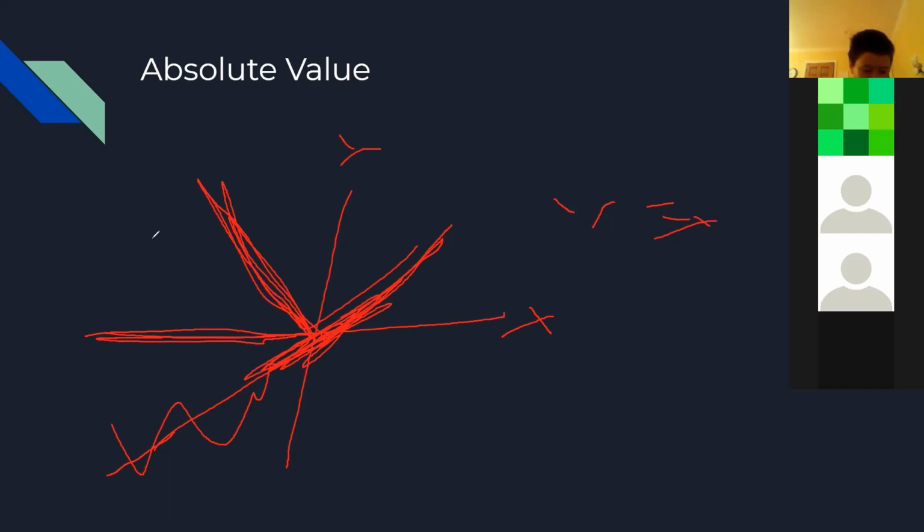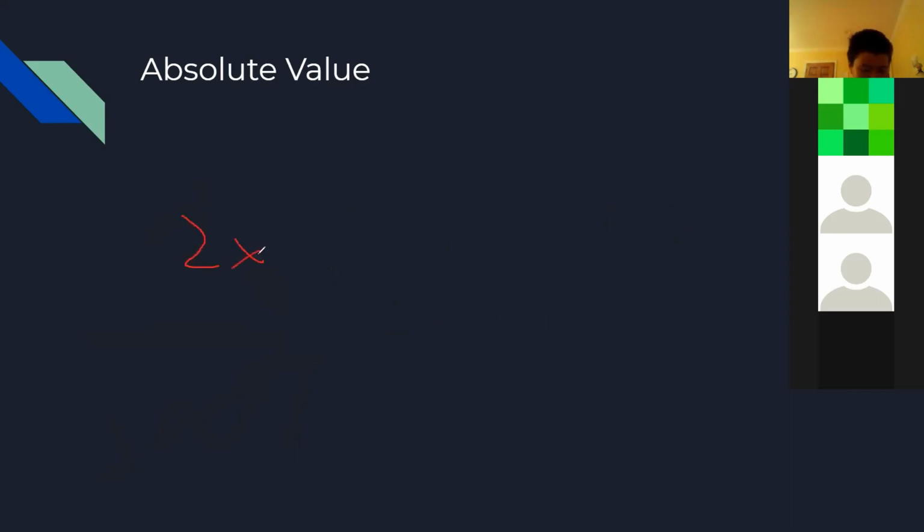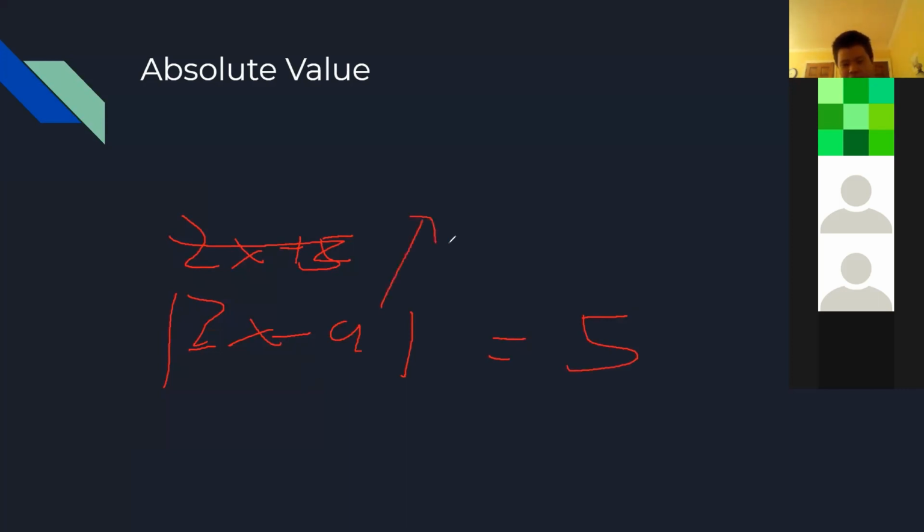So let's try some things out. 2x minus 9 absolute value equals 5. So what are the values here that we need to get to 5 is what we should ask ourselves. That's positive 5 and negative 5, since the absolute value of both is 5.